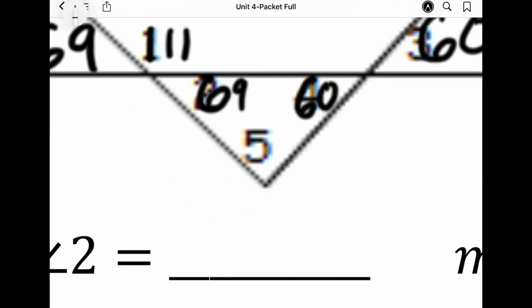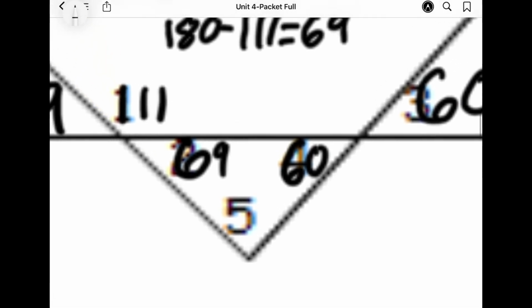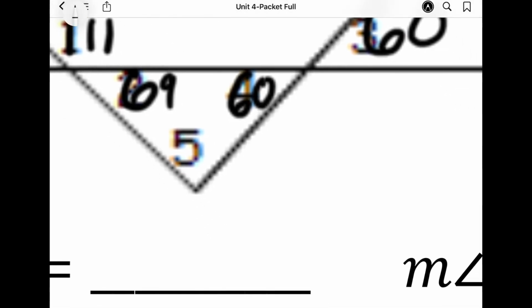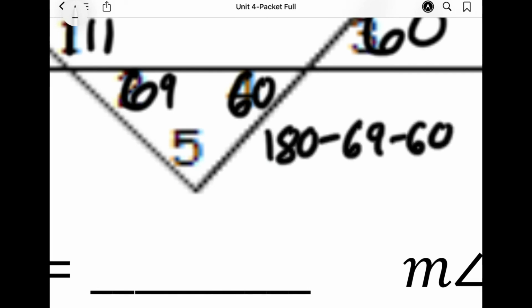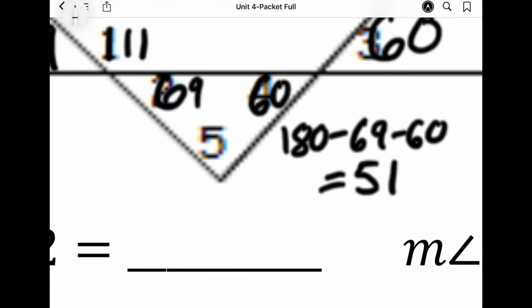So lastly, we have angle 5. Well, you have 2 of the 3 angles. So we're going to do 180 minus 69 minus 60 to give you 51. And that would be your angle 5.